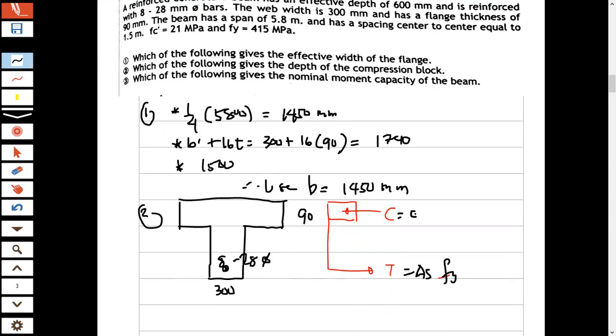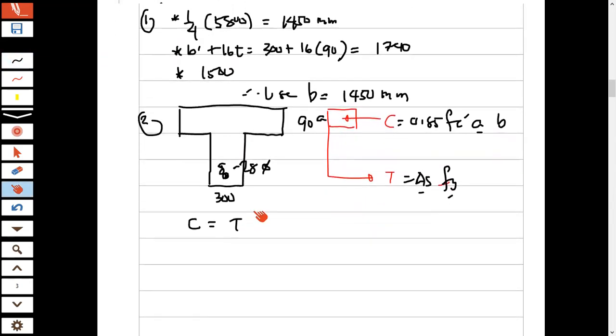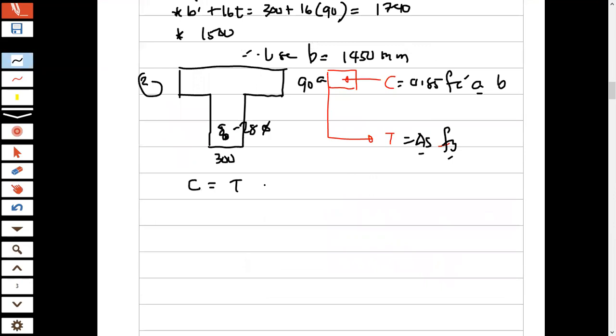This one is 0.85 fc prime. Tapos a, ito yung a dito. And then b is given. So ito lang ang unknown. Ito known. So we can compute a. Ma-identify natin kagad yung compressive block. Okay, so therefore C is equal to T.